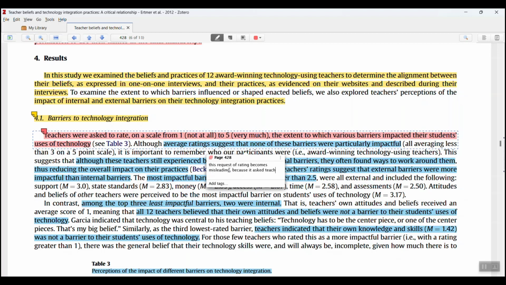So I don't know if it's because of some mistake they made there, or a mistake made during the design of the research, or their writing error in this paper. But I think the more precise reporting or research design here would be to ask teachers to rank the extent to which various barriers impacted their own uses of technology in the classroom.